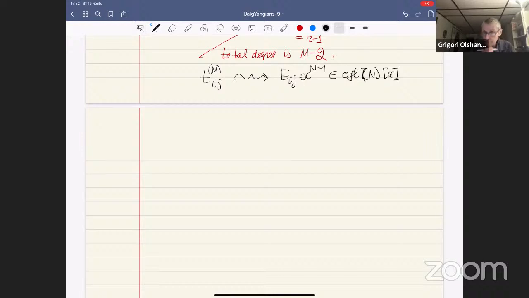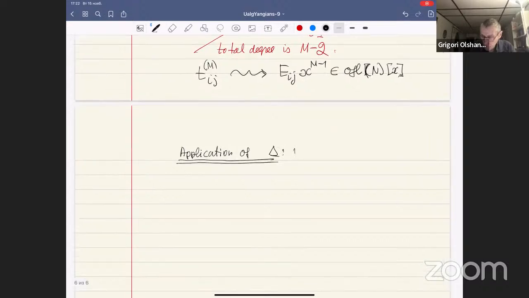Okay. But now I want to give some application of the coproduct. A new proof of Poincaré-Birkhoff-Witt. The idea is due to Brundan and Kleshchev.